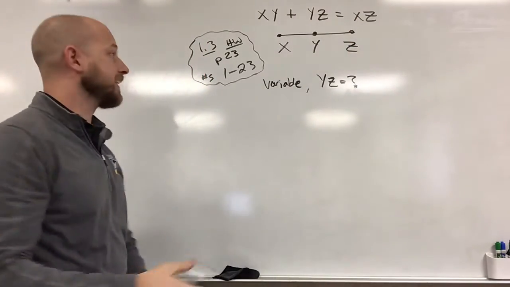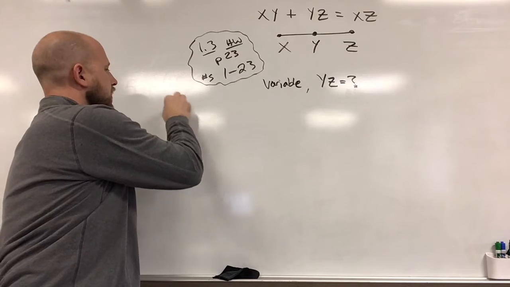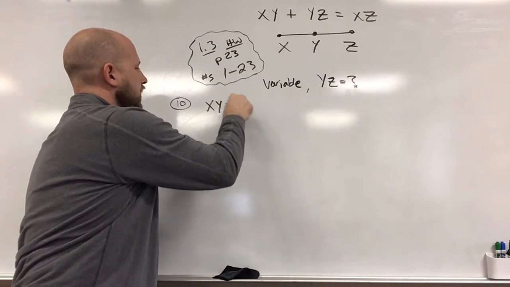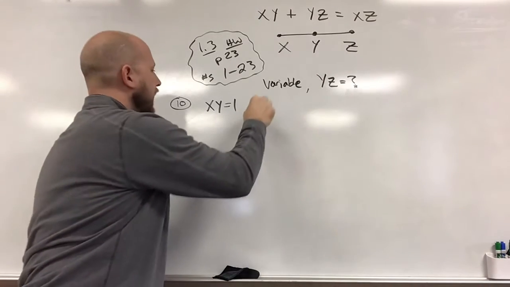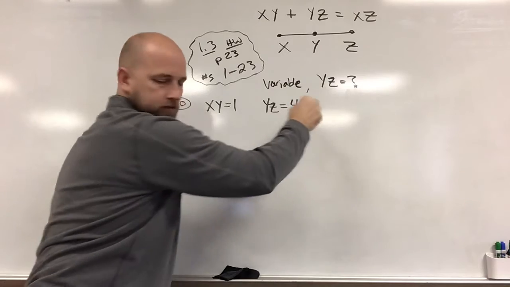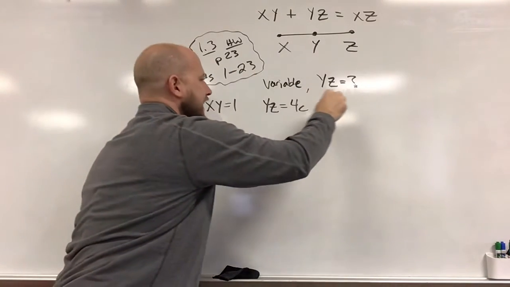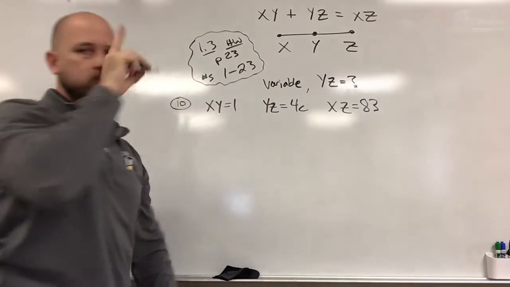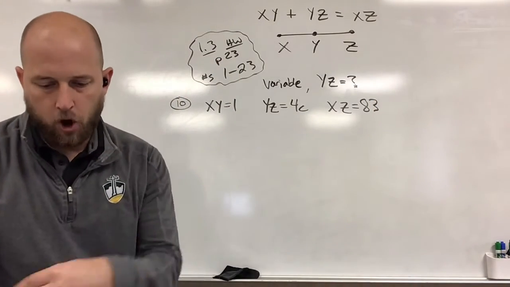The way the homework gives it to you, for example, number 10 says XY equals 11, YZ equals, I believe, 4c, yes, 4c, and XZ equals 83. If you look ahead at all the problems, they're all given to you the same way.